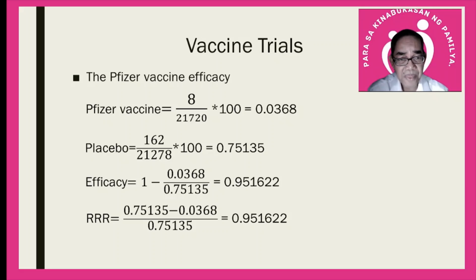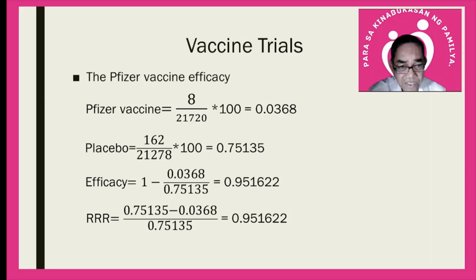Now, among people given the placebo, the number that developed the disease is actually 0.75, so less than 1%. 0.75 developed the disease in the placebo, and 0.03 in the Pfizer vaccine group. And the efficacy will be 1 minus the risk ratio.